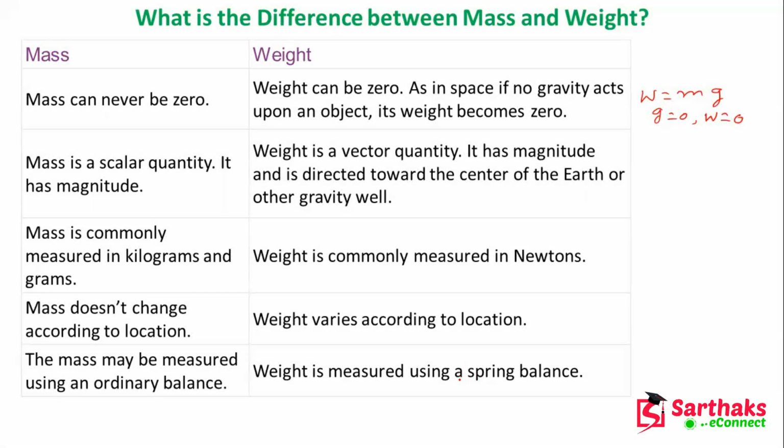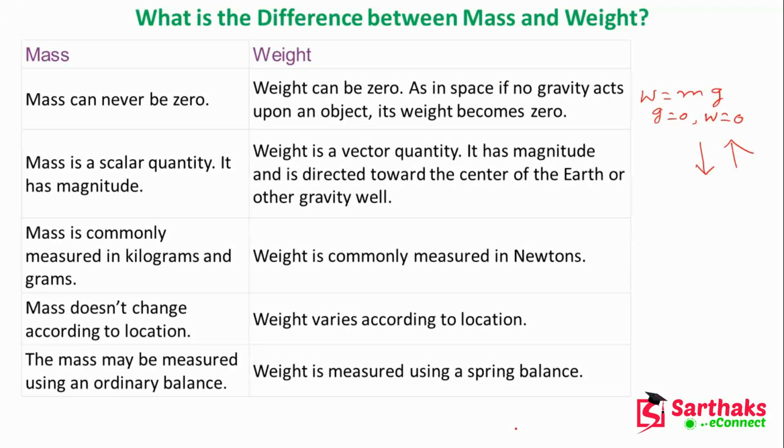Mass is a scalar quantity and it has magnitude. Weight is a vector quantity. Like if you are moving downward or upward, and how much distance you have covered upward or downward, your acceleration will be different.